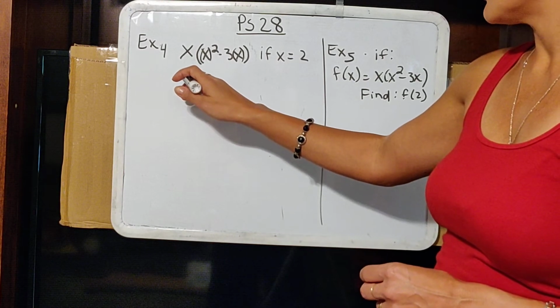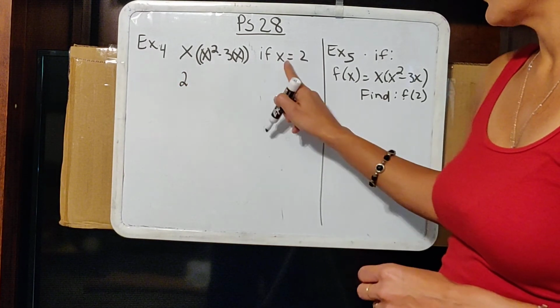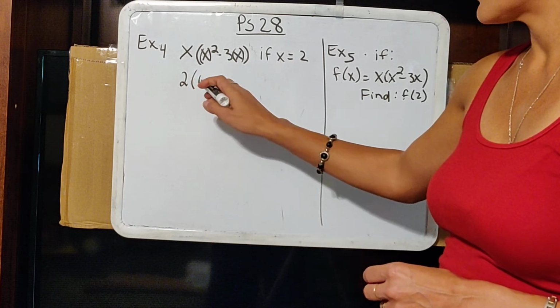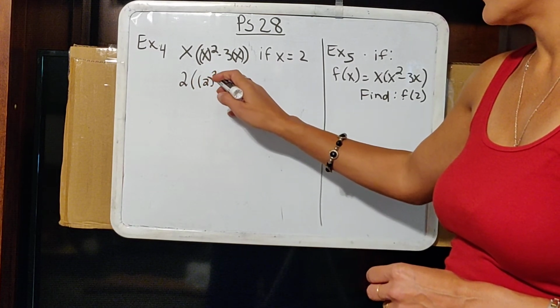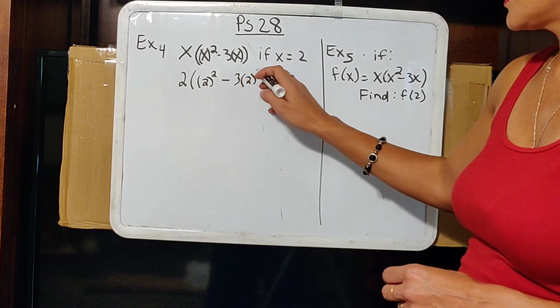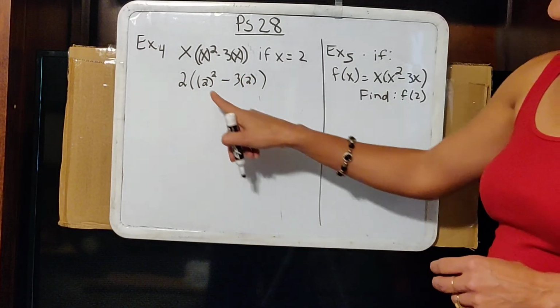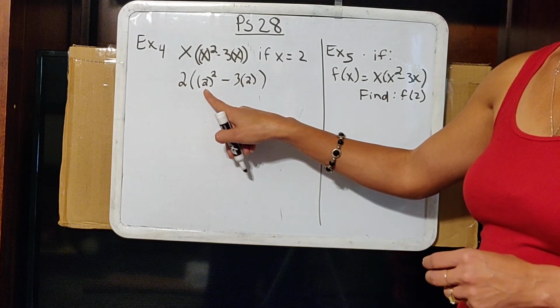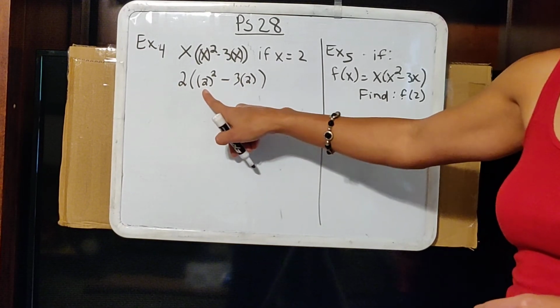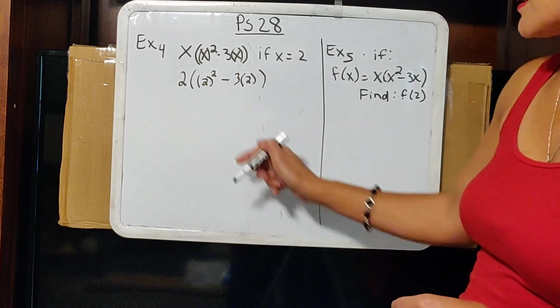Over here, we're going to put 2. So everywhere I see x, I'm going to evaluate by substituting a 2. I'm going to put 2 squared minus 3 times 2, and there we go. It is really important that you remember to do the parentheses so that when you have negative evaluations, you are protecting those negatives and evaluating correctly.